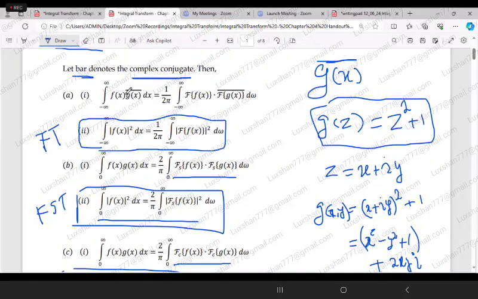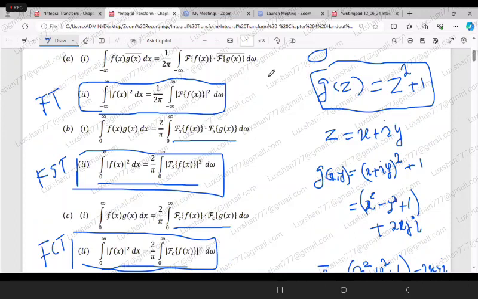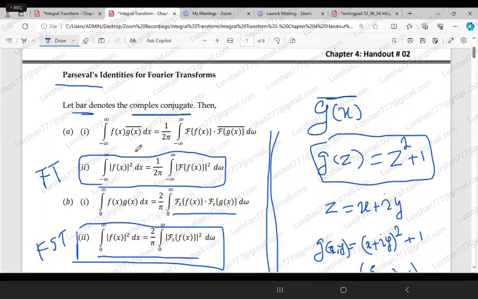So just try to understand, and you have to memorize these things, because using them we will have to evaluate some integrations. These Parseval's identities are very useful when you have to evaluate integration using the Fourier transform.